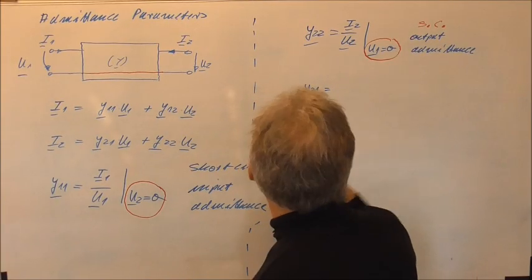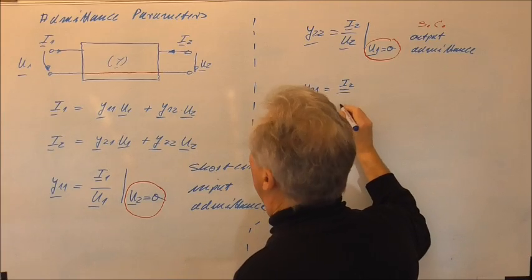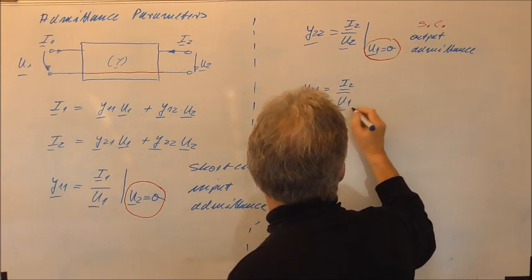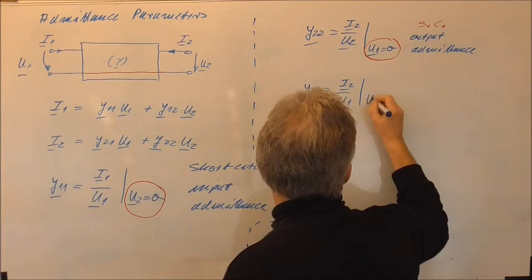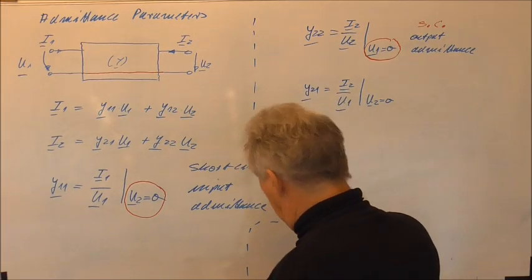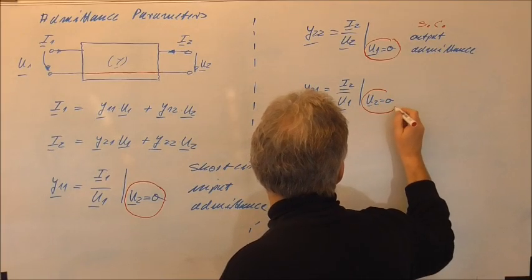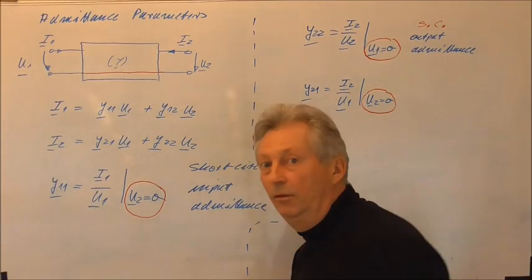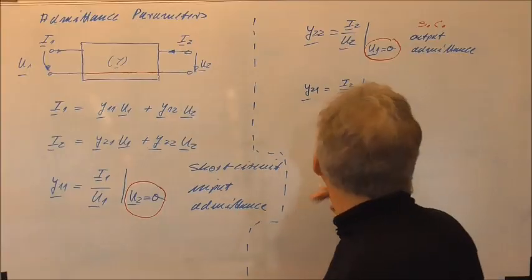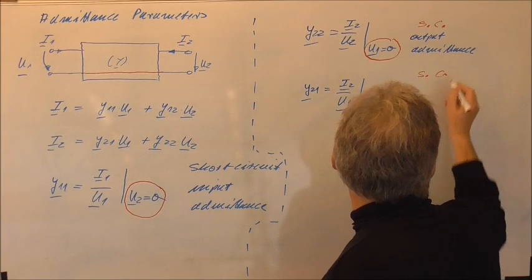It will be I2 over U1 if U2 is identical to 0. Again, we have to realize now at the output a short circuit for the RF signal, and we call this a short circuit.